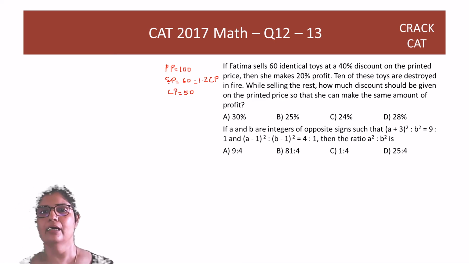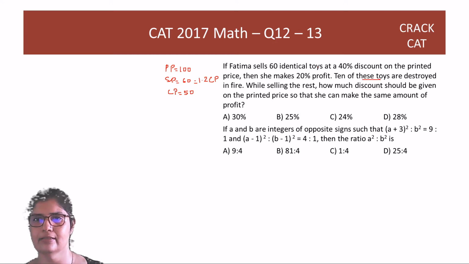Okay. Now she wants all the 50 toys. See, 10 of the toys are destroyed in a fire. Earlier she sold 60. Now 10 of these are destroyed in a fire, right? She still wants the same profit. So what is the cost price, guys, of all these 60 identical toys? Let's first find that. Okay, cost price is going to be 60 into 50, which is 3000.